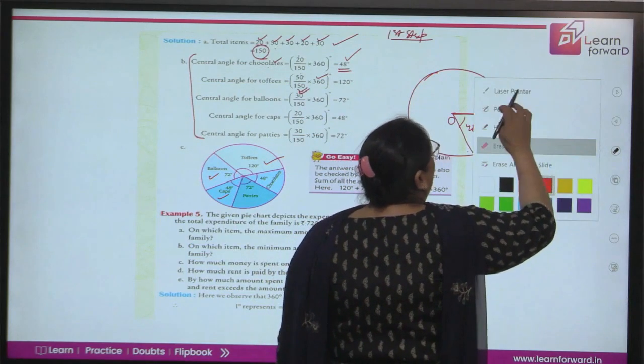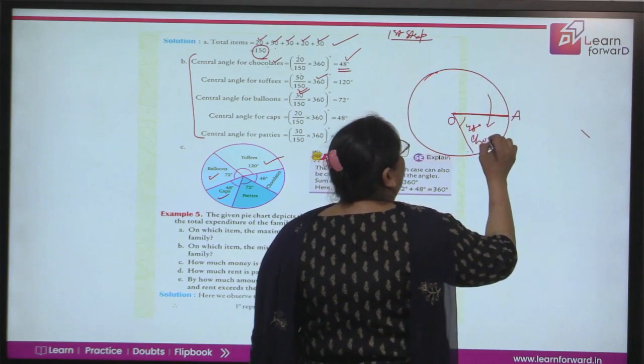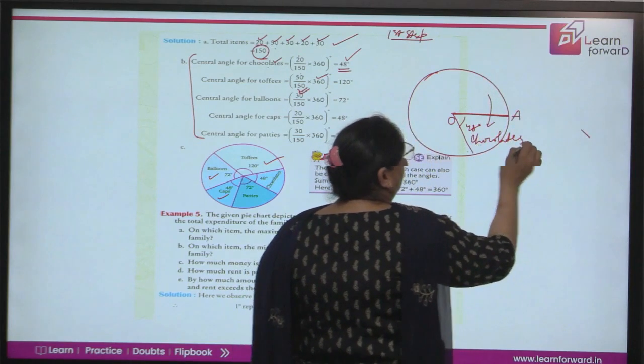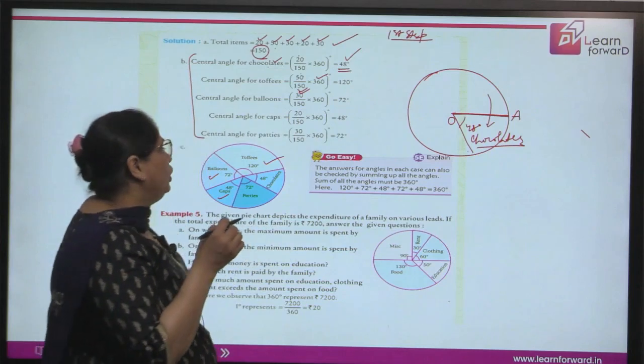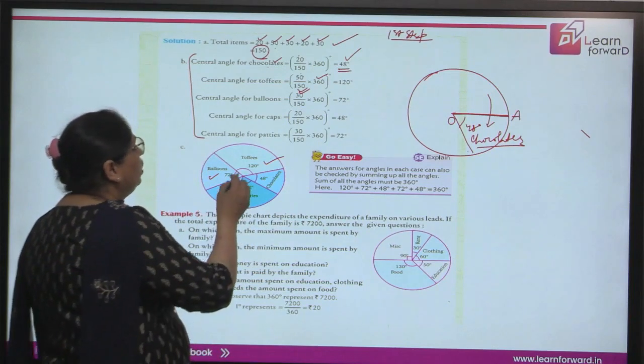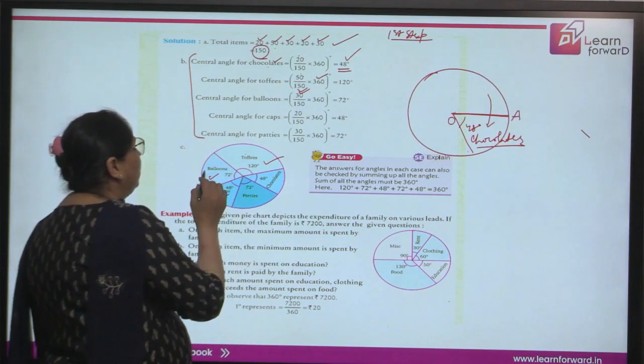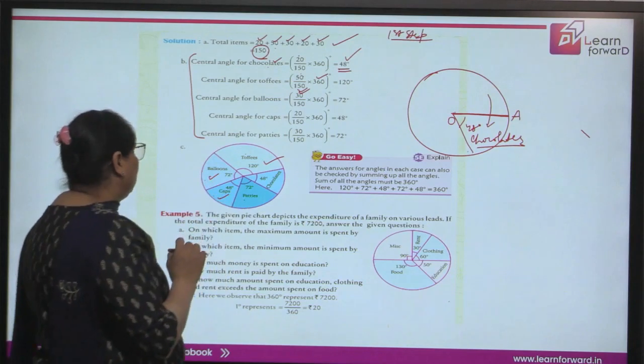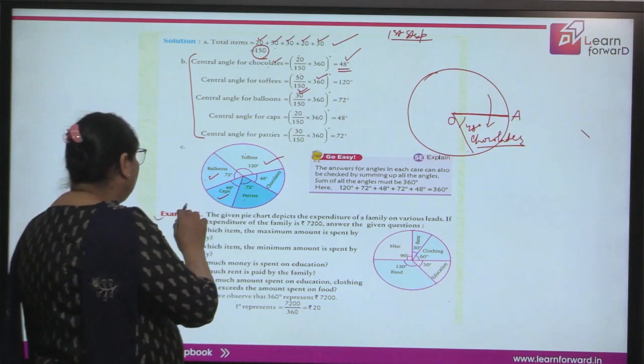It is for chocolates, so it is represented this way, then the toffees area, then balloons, then caps and patties. Now this is another example.